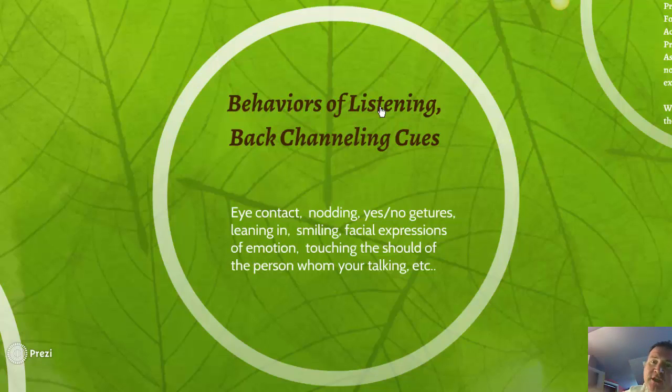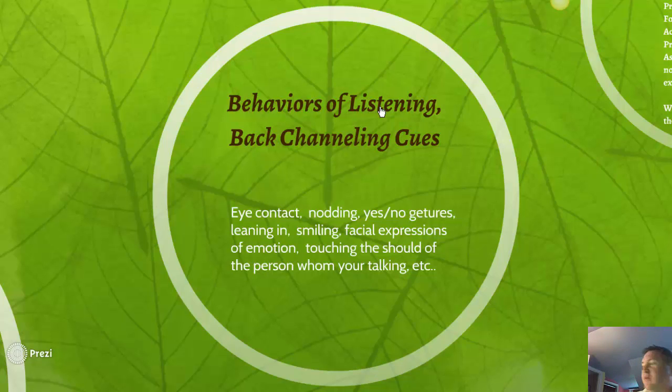You might even touch the shoulder of someone to really keep an other orientation. Even things like "yeah" and "cool" are verbal backchanneling cues, but again, keeping the emphasis on the speaker.